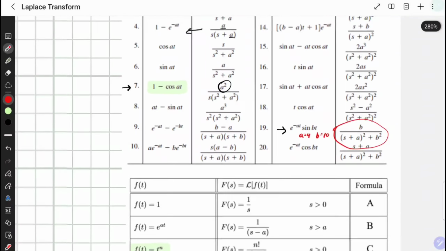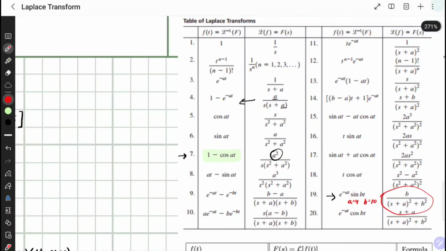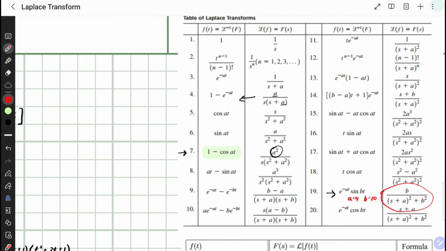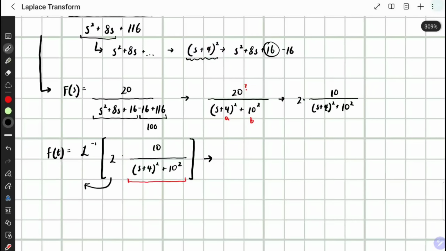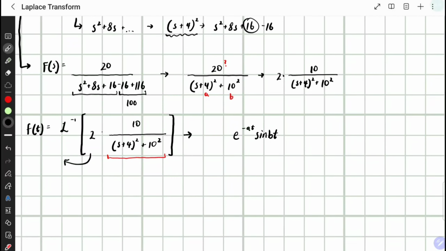So our original function f of t is going to be e to the negative at sine bt, where a is equal to 4, b is equal to 10.